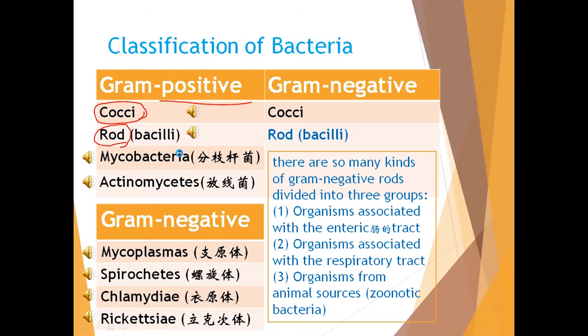And also we say the long kind of shape of gram negative bacteria, we still have many different kinds. So basically, clinically, by the illness they cause, we separate them into some groups.